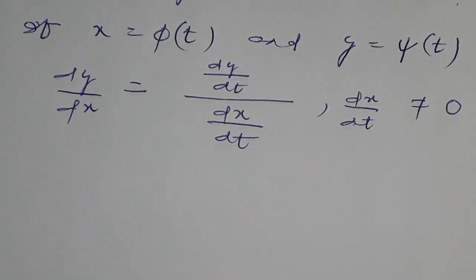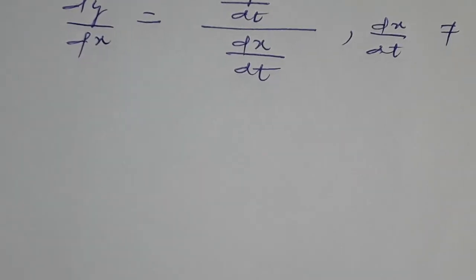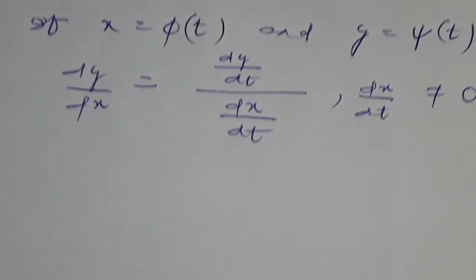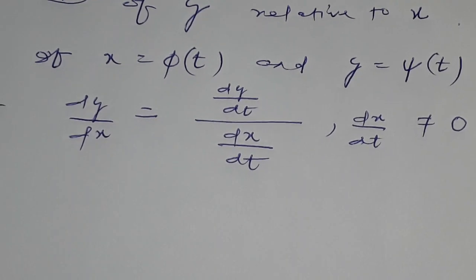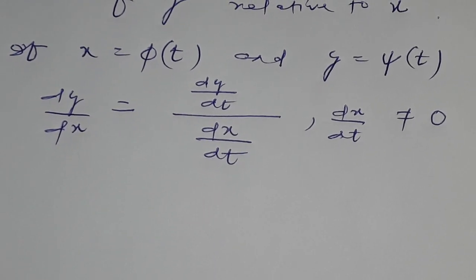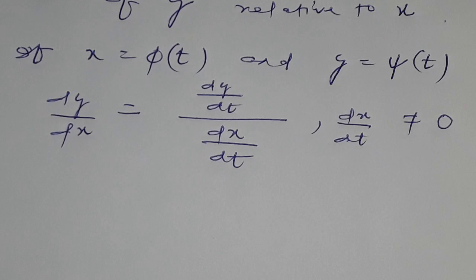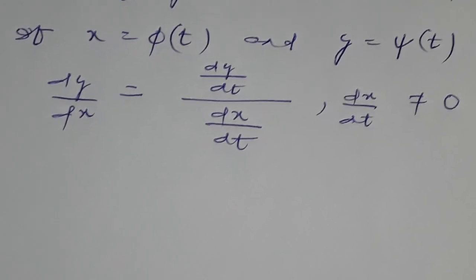Thus, the rate of change of y with respect to x can be calculated by using the rate of change of y and that of x each with respect to time t.